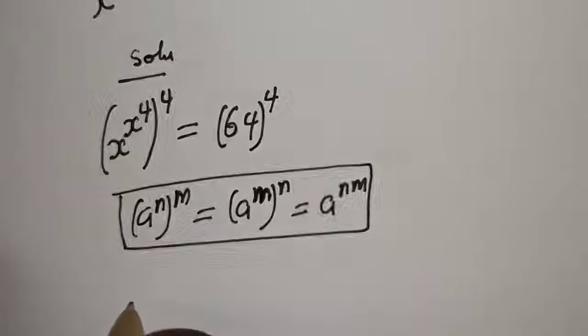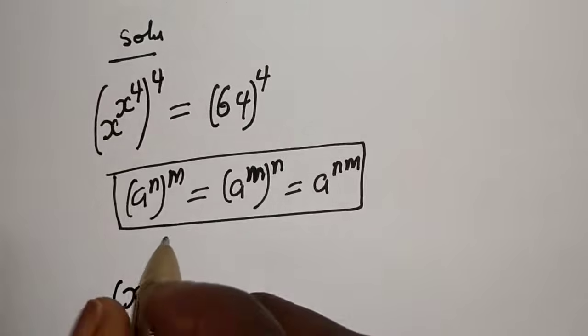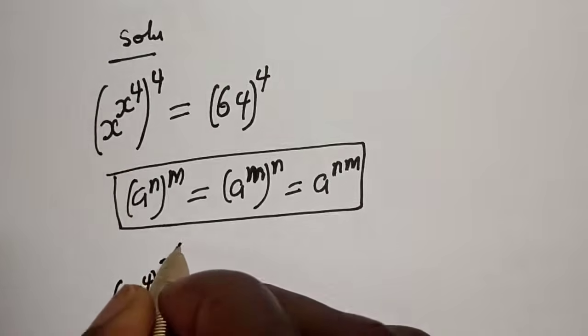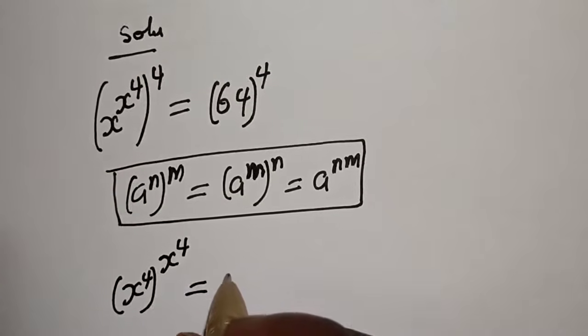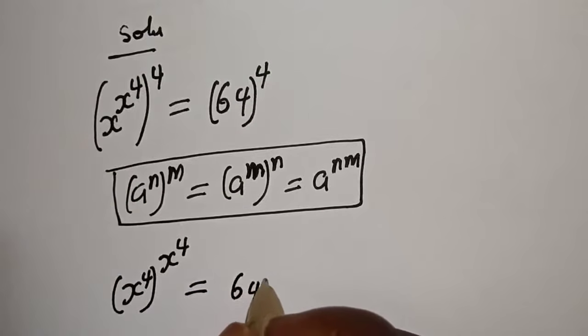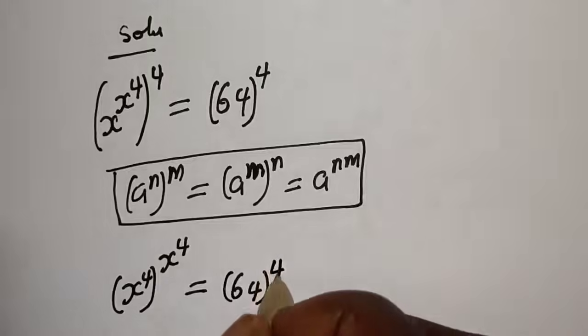This can be written as s raised to power 4 to the power of s raised to power 4, from this rule, is equal to 64 raised to power of 4.